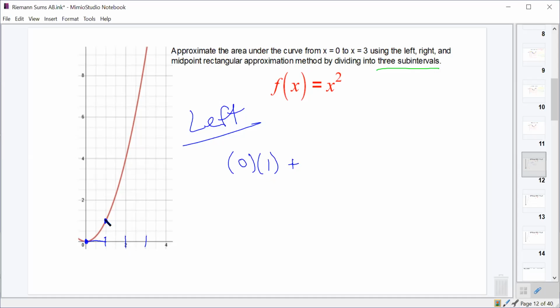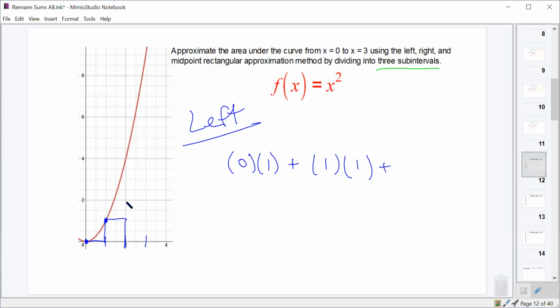So 1 squared is 1. And draw your rectangle. The height of our rectangle is 1. The width of our rectangle is 1. Great.